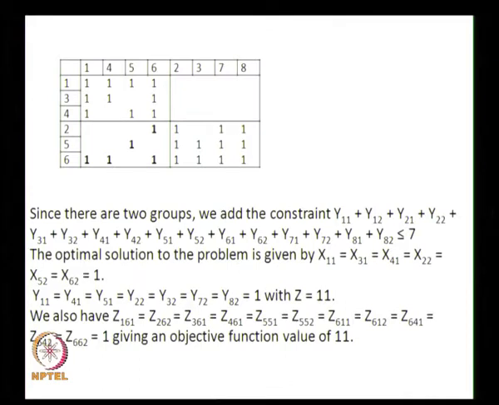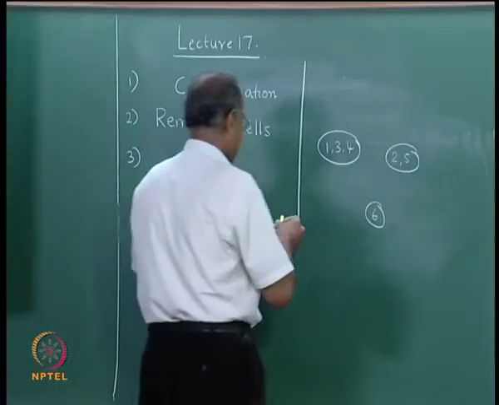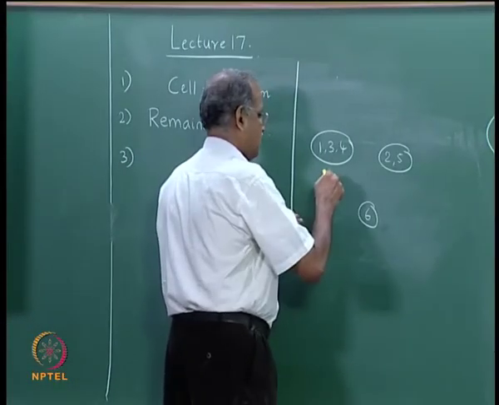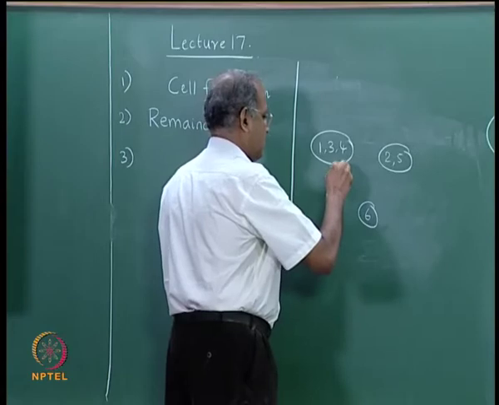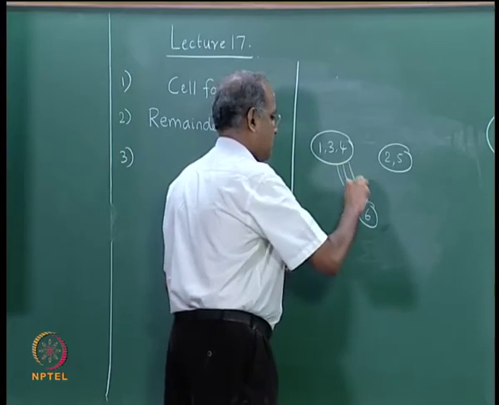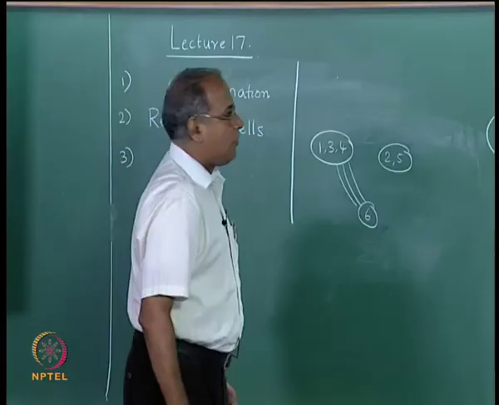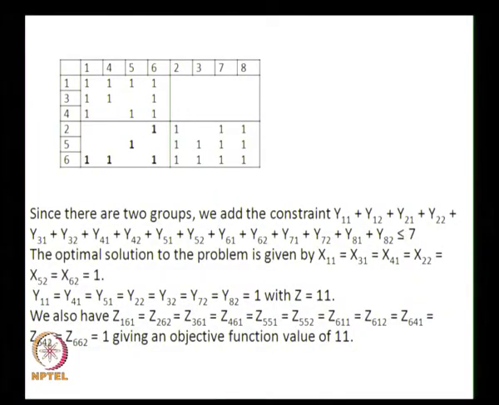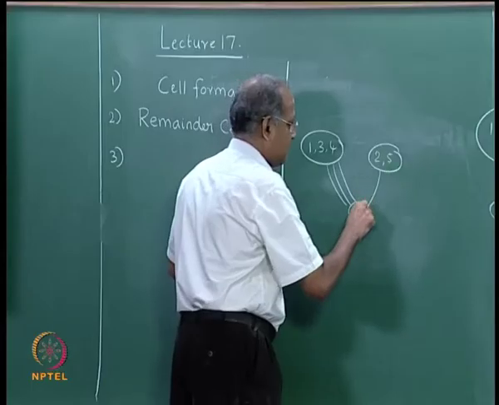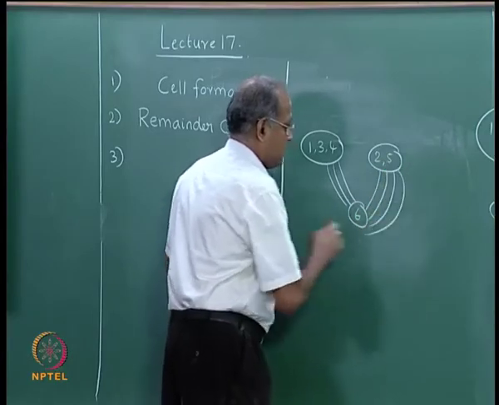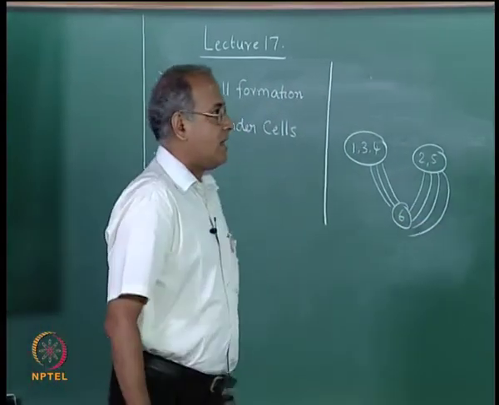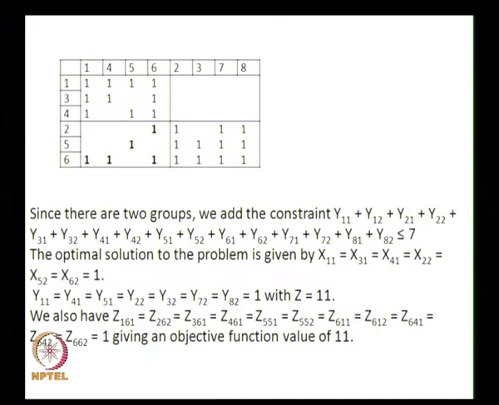So I will have 3 visits from 1, 4 and 5, 3 visits from 1, 3 and 4, I have 4 visits from 2, 3, 7, 8, and I will have 2 visits between these two.